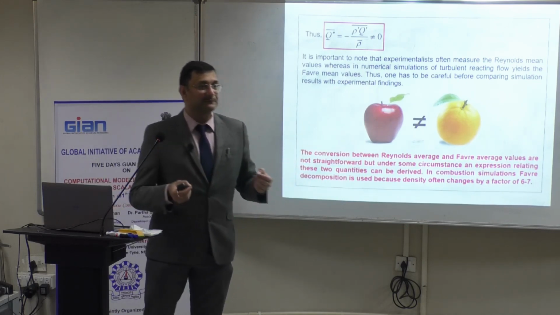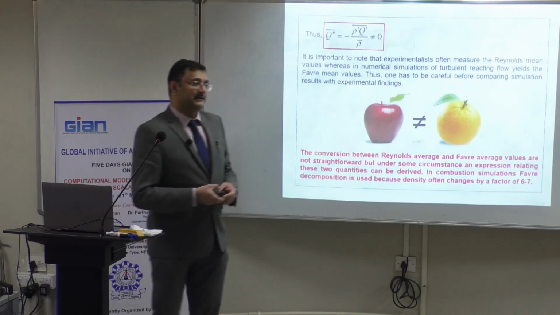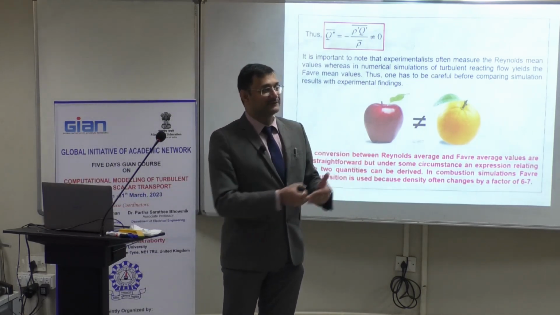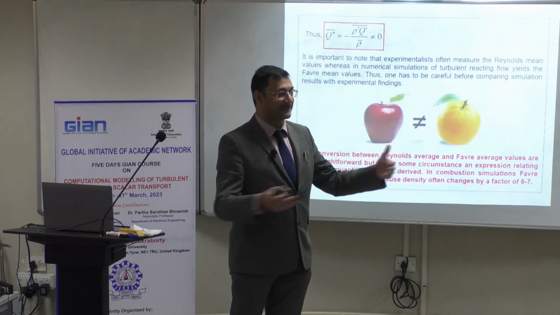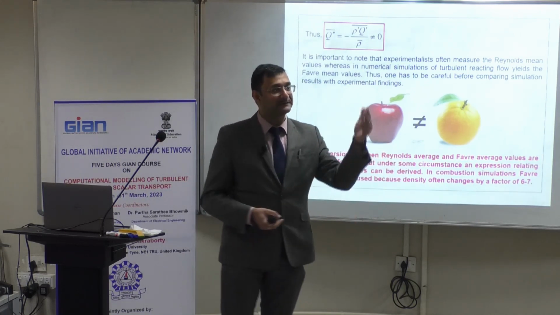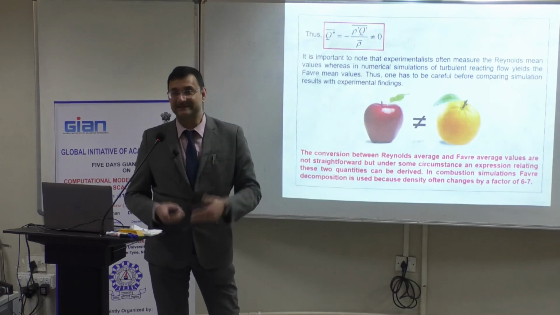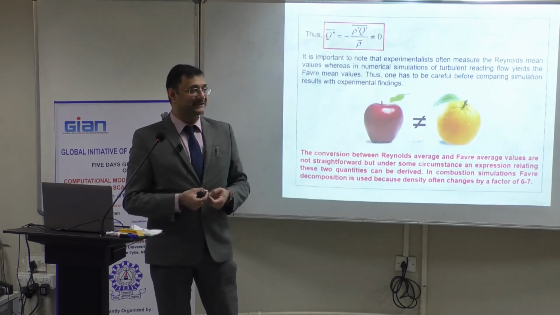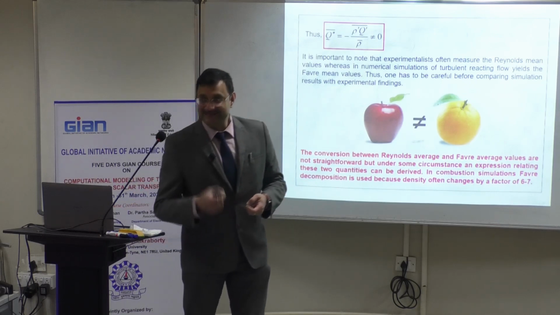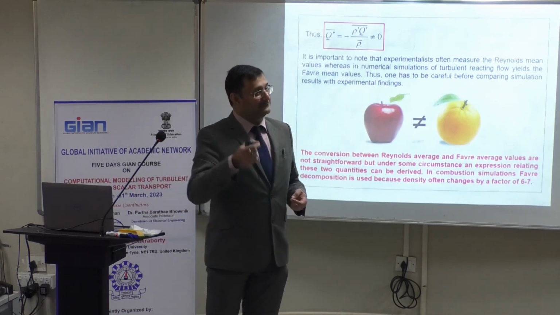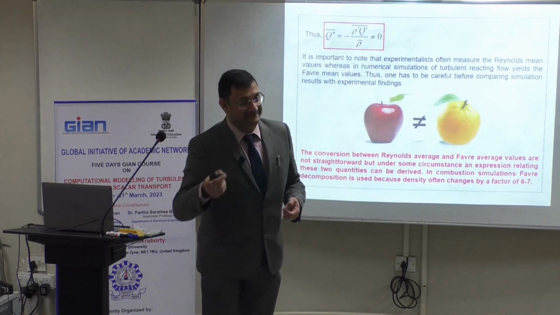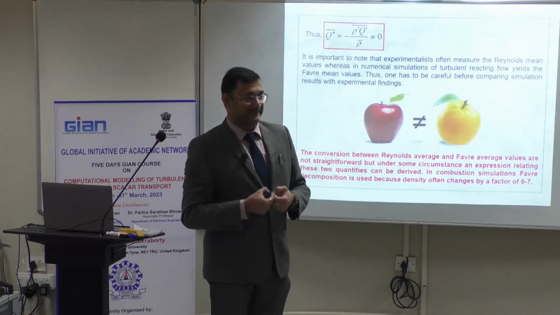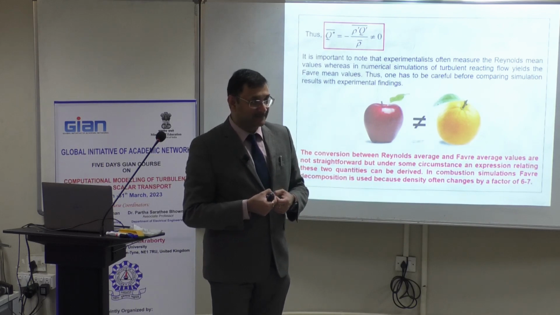Think about how you actually measure the Reynolds average or fluctuations. You are essentially time averaging or time integrating, or you are doing ensemble averaging in the statistically homogeneous direction. That's relatively easy to do experimentally. Density weighting means you have to actually measure density, then multiply it. It's a much more complicated operation from the experimentalist's point of view.